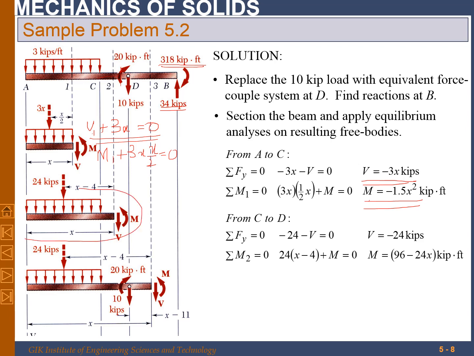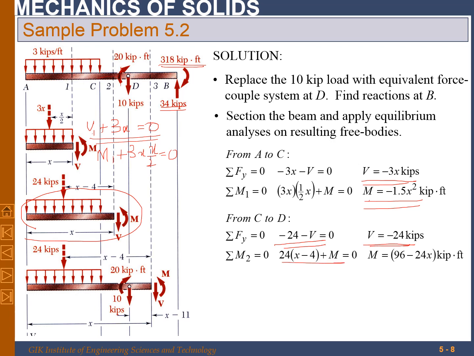From C to D, just before D, the sum of forces in y direction is equal to 0, and V is 24 kilopound, and M2, the expression, is 96 minus 24x kilopound feet.